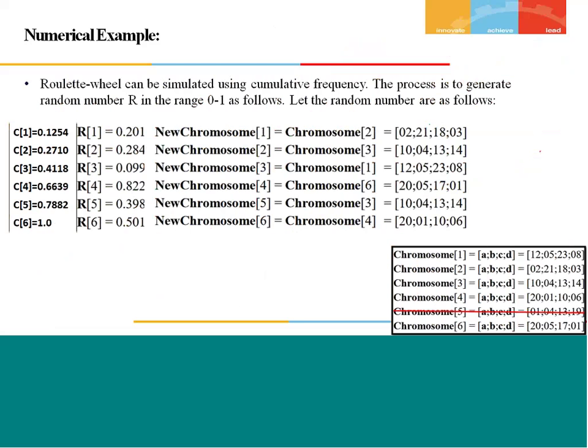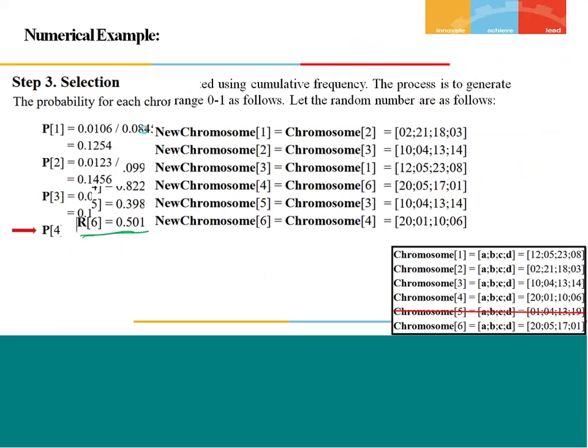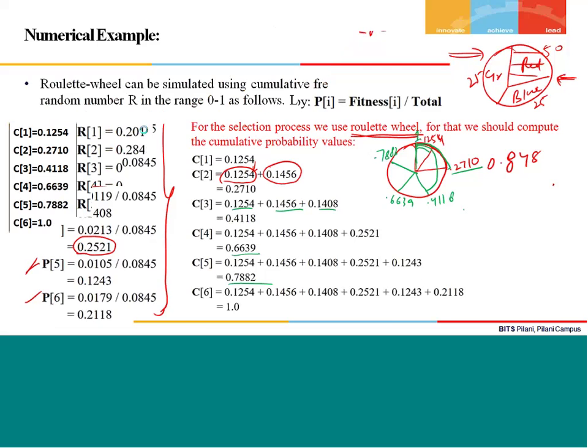Now, to select, for example, I will generate some 6 random numbers, and for every random number, let's say I am generating it between 0 and 1. If my random number is 0.201, I will see on the wheel where it lies.